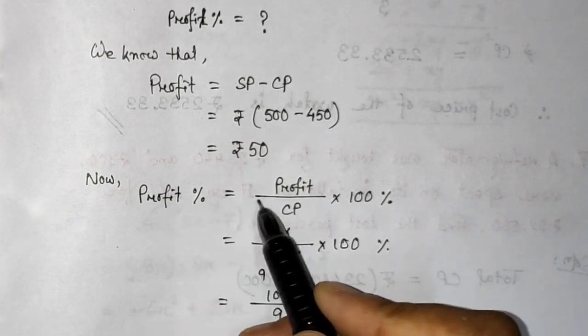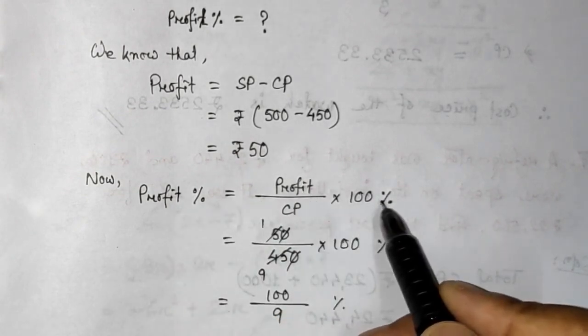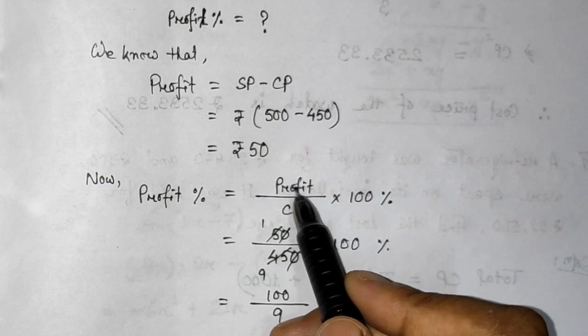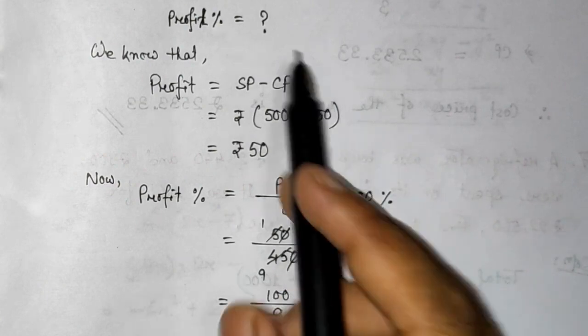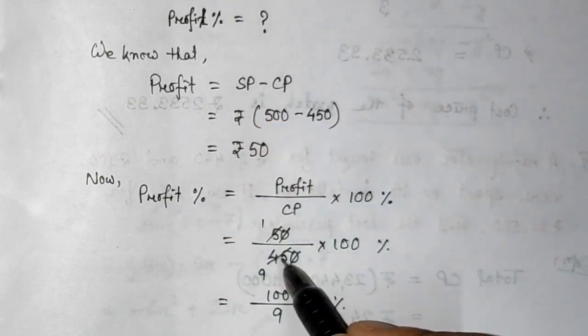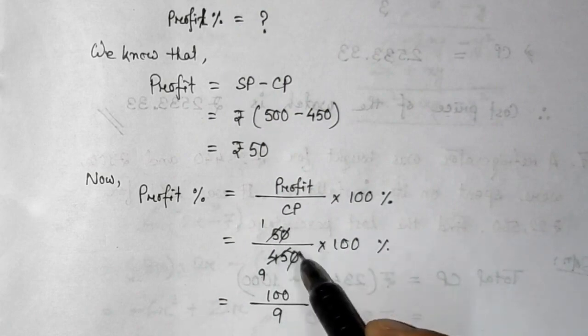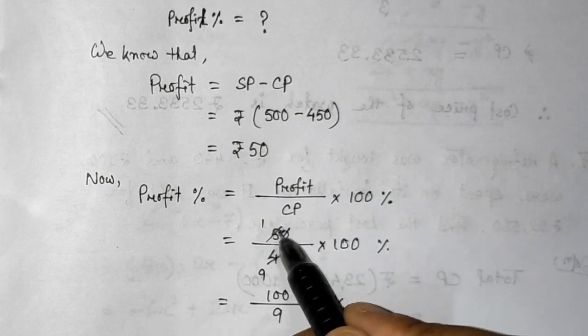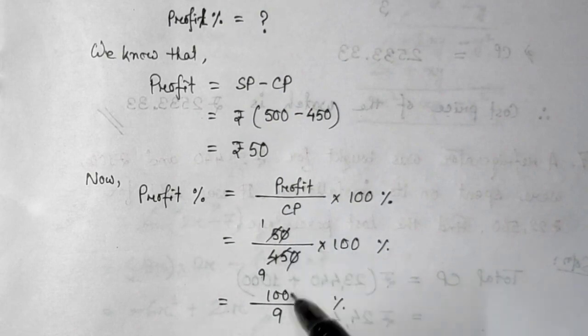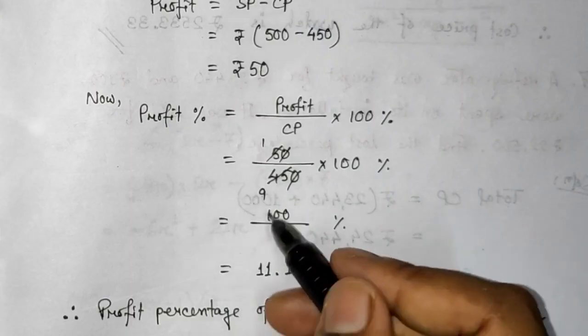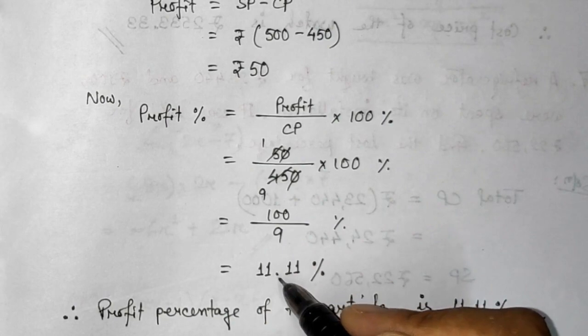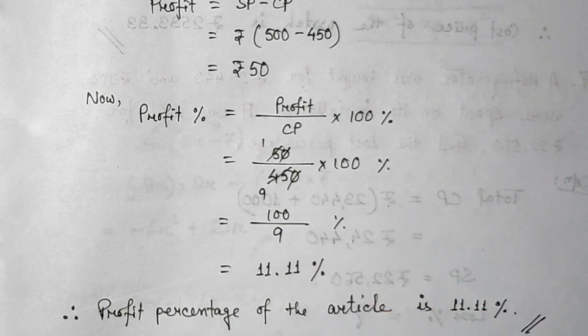Now profit percent equal to profit by CP into 100%. Put the values: profit equal to 50 and CP equal to 450, into 100%. Cancel out the 0 and cancel out with 5, 9 fives are 45, so that is 100 by 9. If you divide, you will get 11.11%.